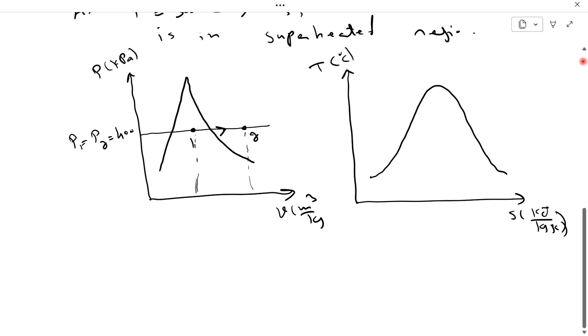The area under the constant pressure curve on the PV diagram is work. Similarly, this is the constant pressure line on the TS diagram.